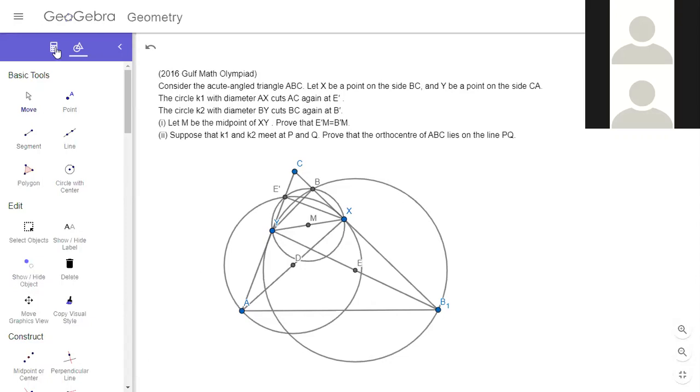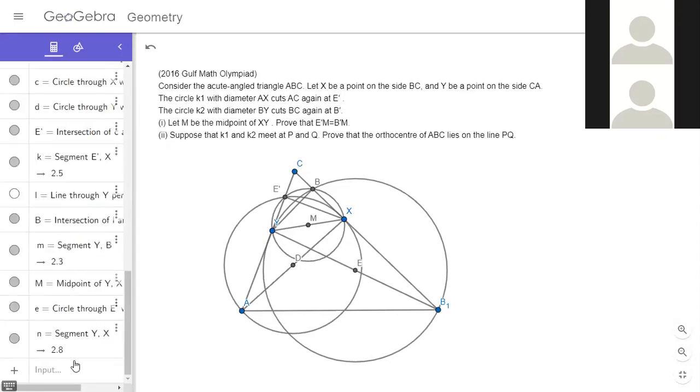Here the key point is that the circle drawn with cevian as diameter would pass through the foot of the altitude. Would pass through the foot of the perpendicular. So I'm going to draw the orthocenter, one sec. Wait, that's not the orthocenter. I thought it was 4.